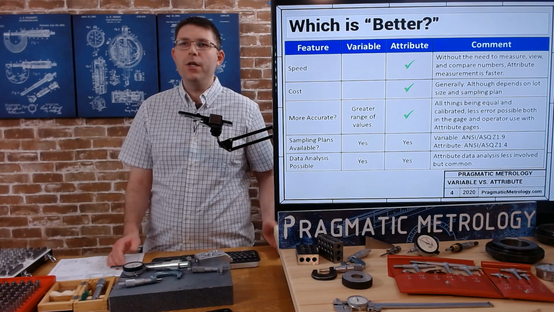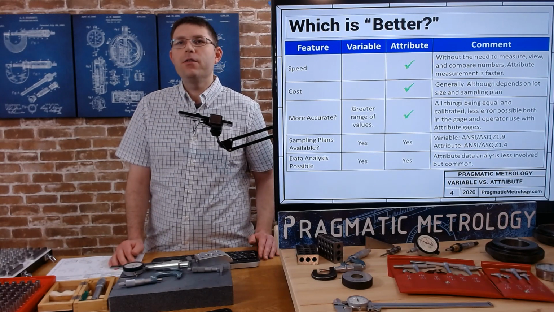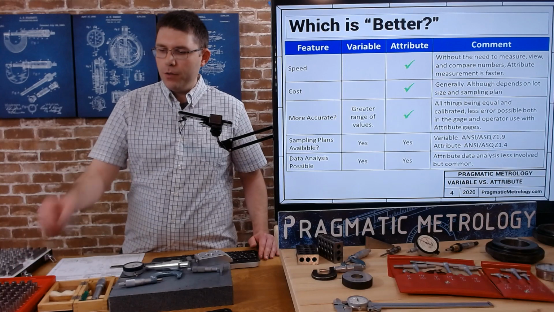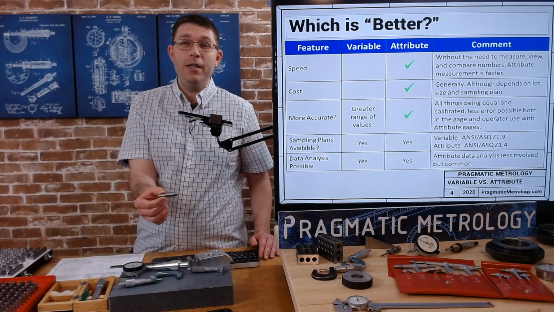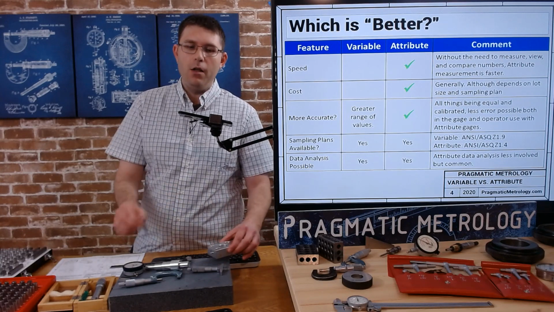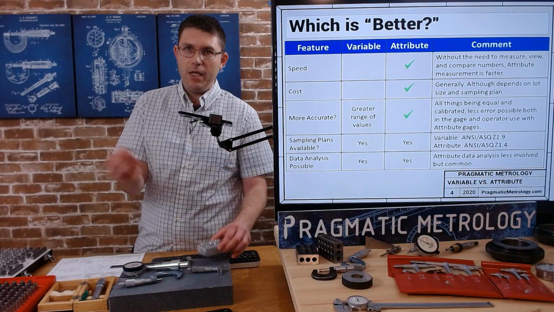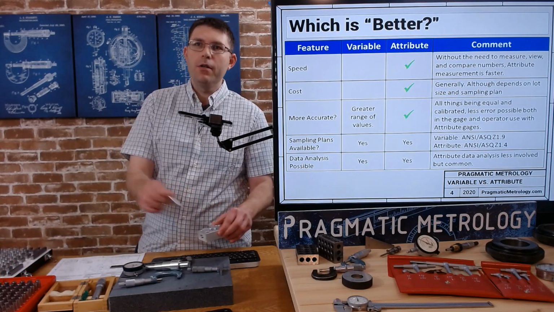So first one, which one's faster? Well, using an attribute is usually faster because you're just sticking this in, checking if it goes in or it's not going. You can almost do that with your eyes closed. Now, I wouldn't recommend that, but that means you can check a lot of parts over and over again with the same go gauge, and you can grab the no-go gauge and check a lot of parts in the same way.